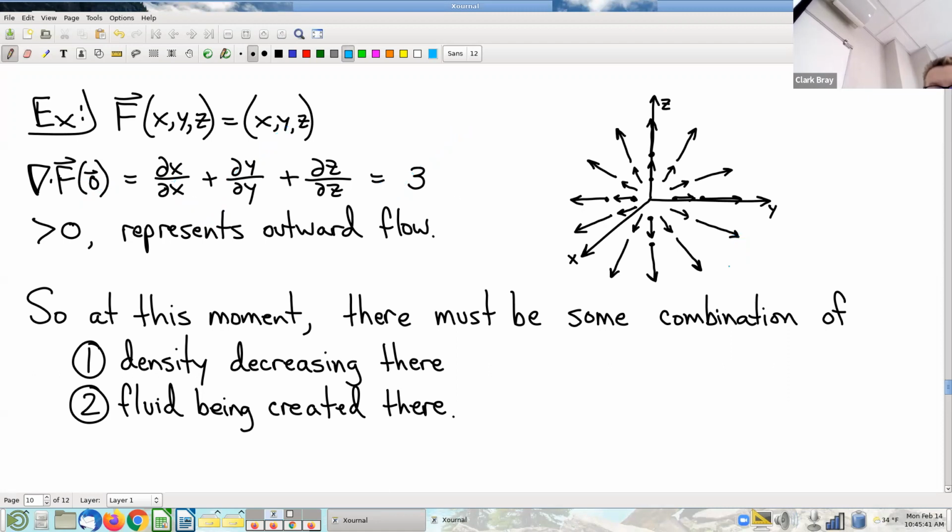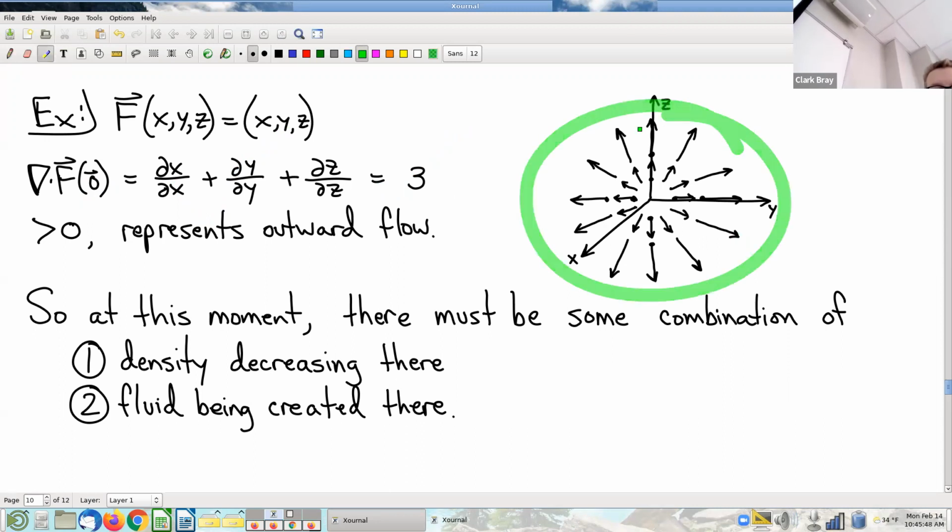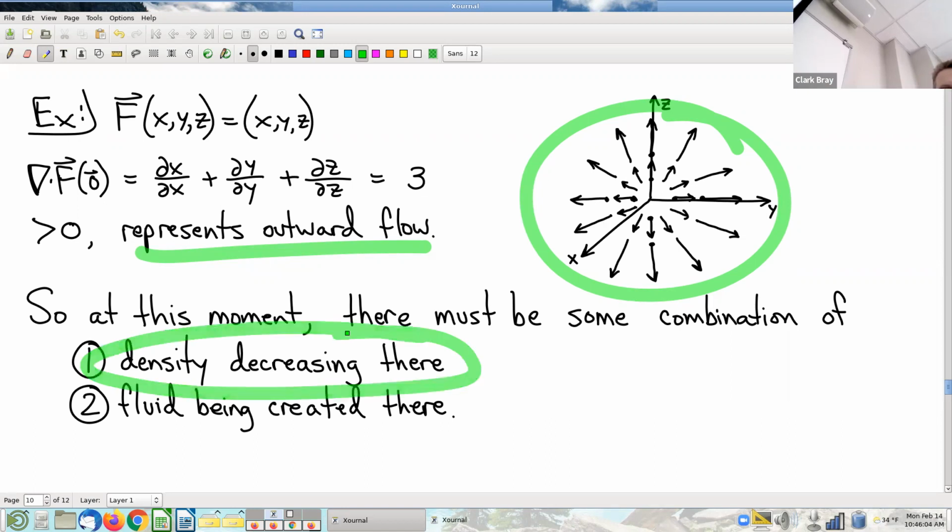Okay, so now let's try to visualize physically what this would represent. If I have outward flow away from, and then we'll just focus back on the origin, what does that physically mean? Right, if this was birds, well, that means the number of birds is going to be decreasing over time, right?